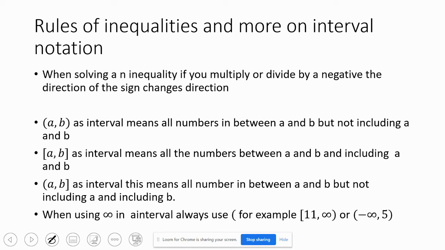Rules of inequalities and more interval notation. When solving an inequality, if you multiply or divide by a negative, the direction of the sign changes. So if it was less than, it becomes greater than.